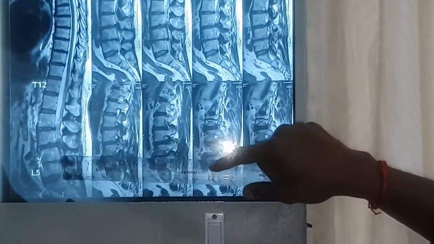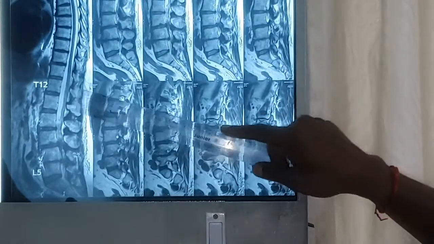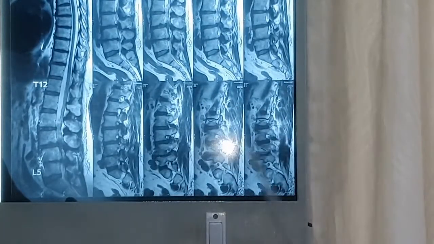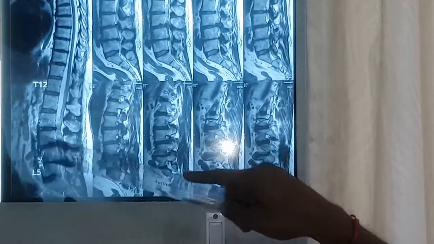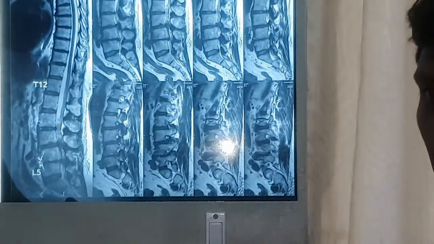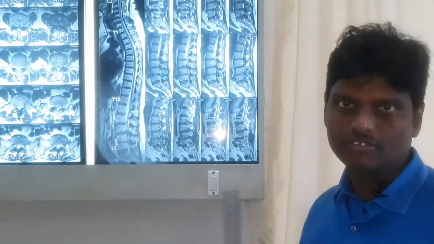So you can say this patient has severe canal stenosis or canal narrowing, which is definitely going to cause severe back pain and leg pain. Based on its face value, this MRI suggests the patient should have central canal stenosis symptoms, which is more of pain going to the legs, causing neurogenic claudication and so on.